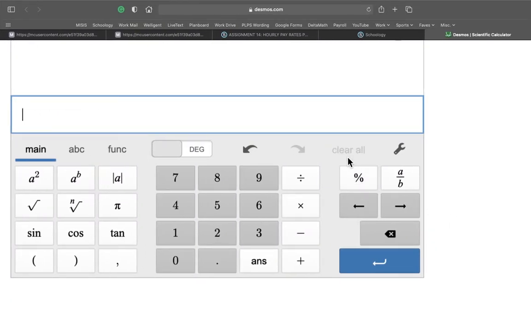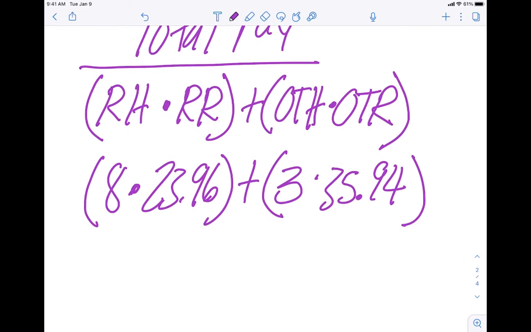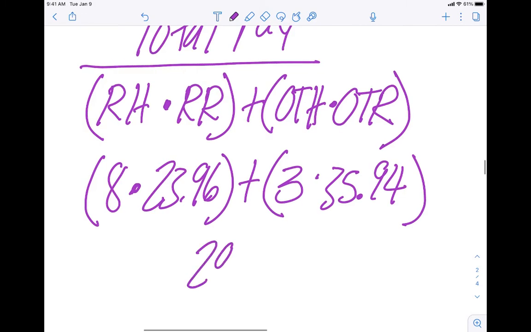Okay. So parentheses 8 times 23.96 close parentheses plus open parentheses 3 times $35.94. That gives us $299.5. Okay, $299.5, and I'm going to add a 0 because this is money. Like that.